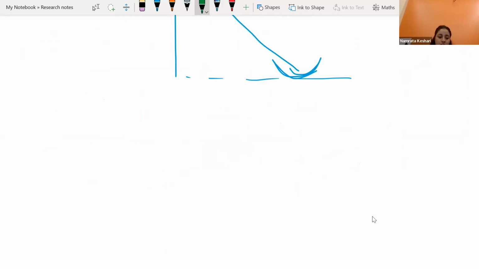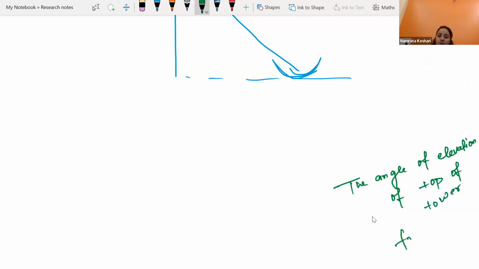This was question number 4. The angle of elevation of the top of the tower from a point on the ground.